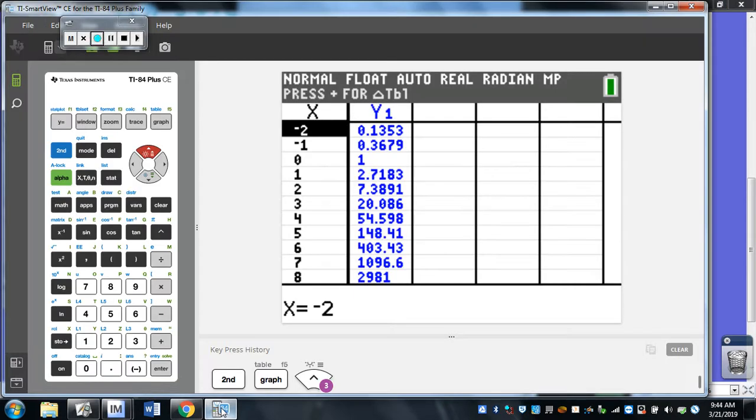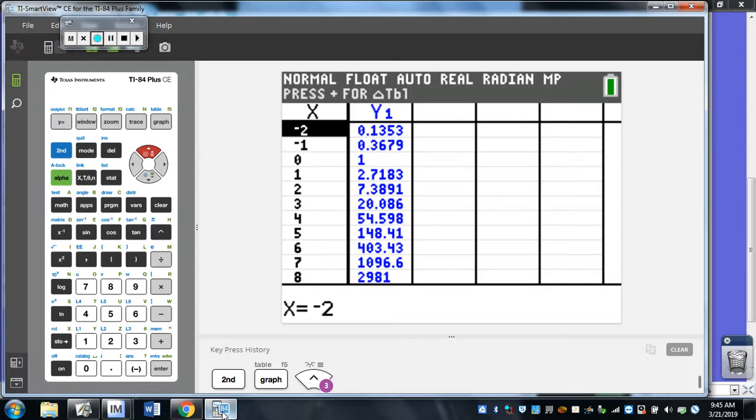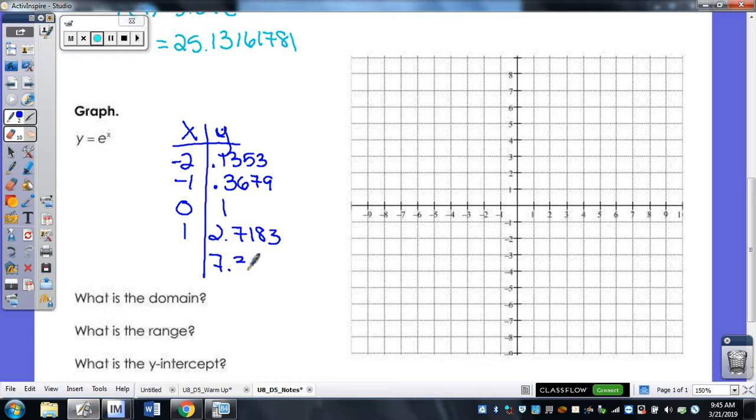And 1, 2.7183. There we go. That should be enough. So again, we're just going to be estimating with our decimals. I'm going to start with my 0, 1 because that one's nice and easy to graph. And then 2.7 is a little more than half. 0.37 would be a little less than half.